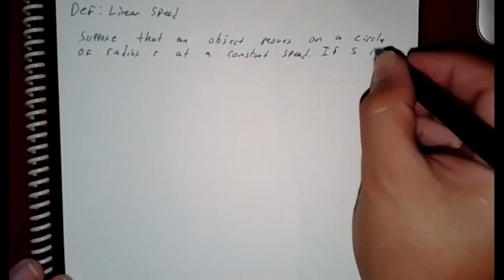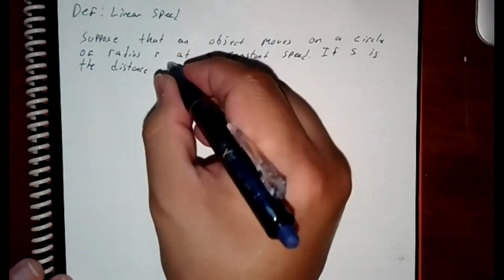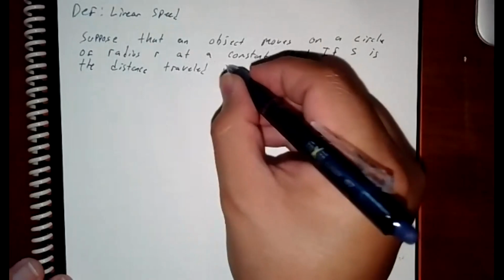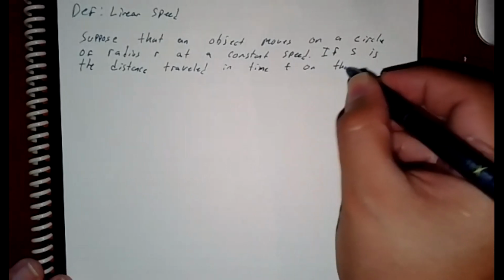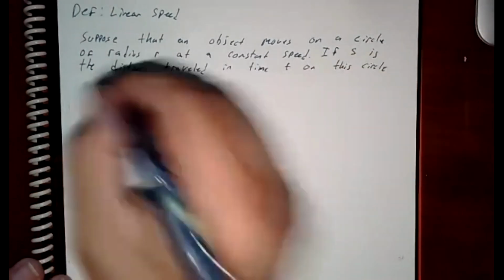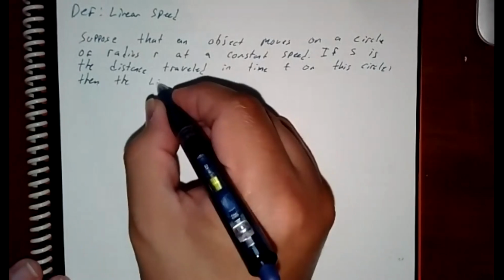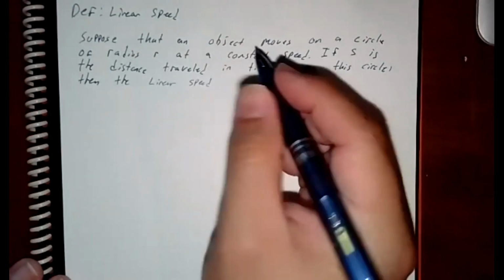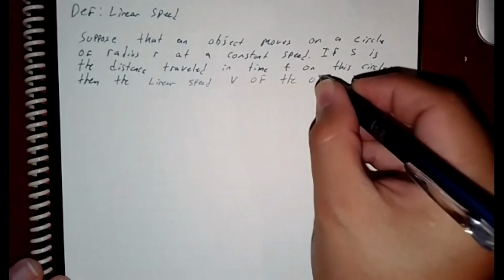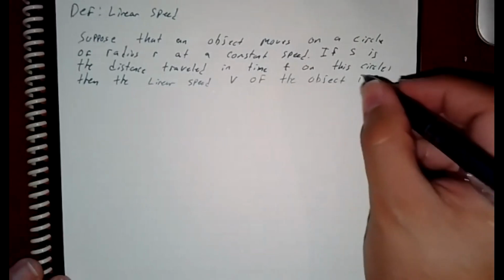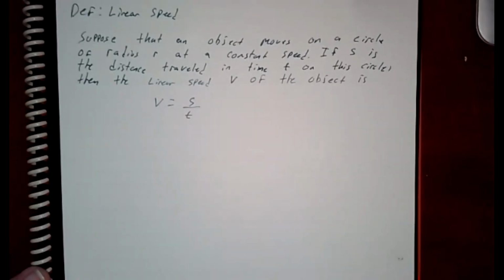If s is the distance traveled in time t on the circle, then the linear speed, which we will call v, of the object is the following. So v is equal to s over t.